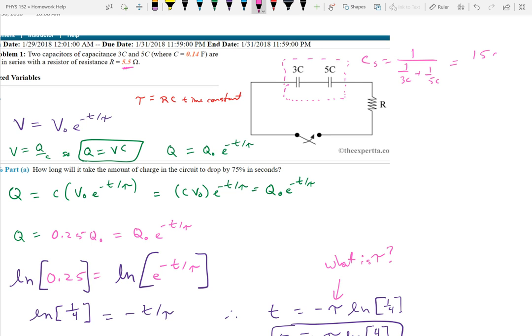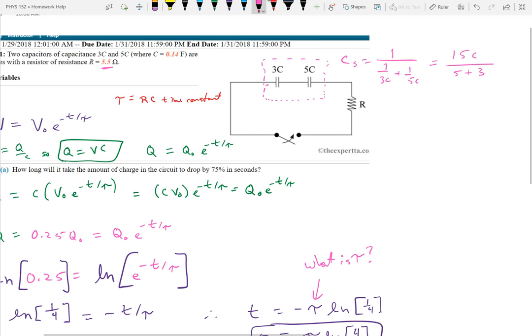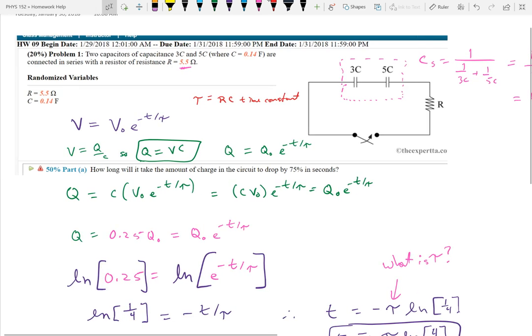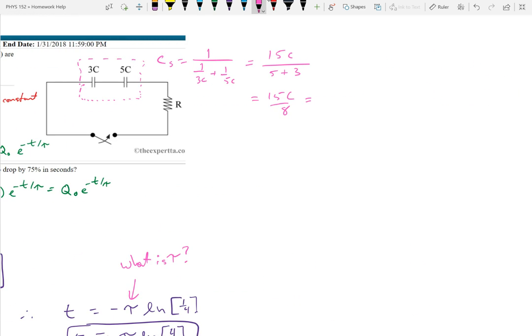So I have 15c over 5 plus 3, so 15c over 8. And I was given that C is 0.14 farads.